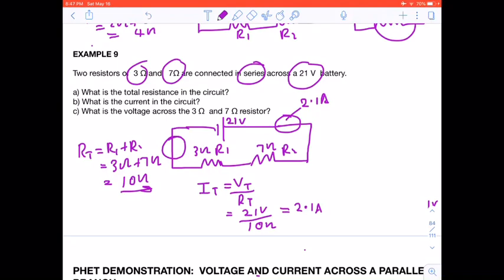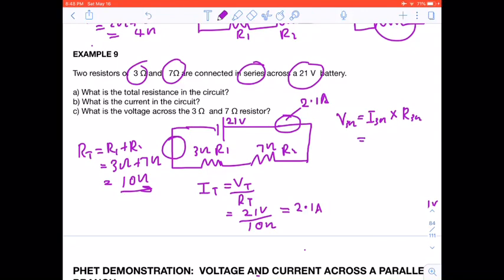Now if we want to know the voltage across the 3 ohm, V across the 3 ohm is equal to I, the current in the 3 ohm resistor, times the resistance of the 3 ohm resistor. So what is the current in the 3 ohm resistor?